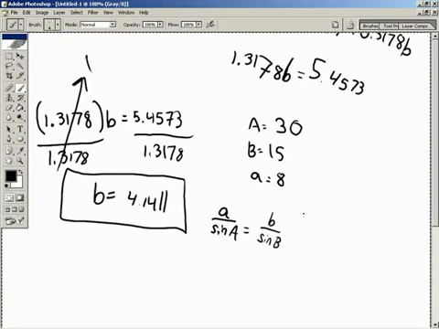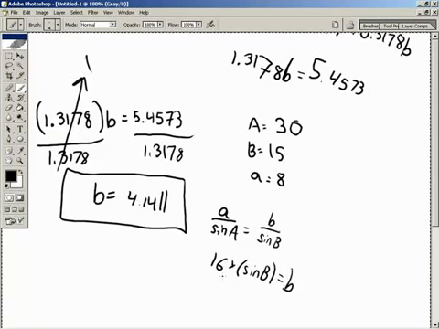So a divided by sine A means 8 divided by sine 30, which gives 16. So 16 times sine B, and sine B would be sine of 15, I'll write b equals.